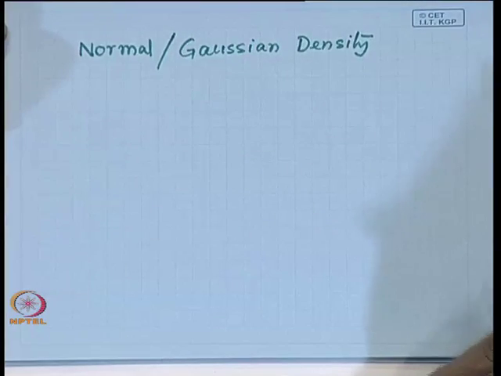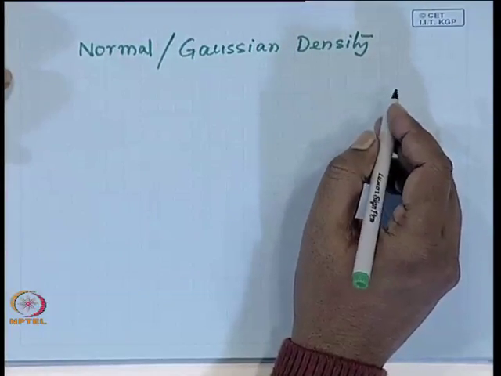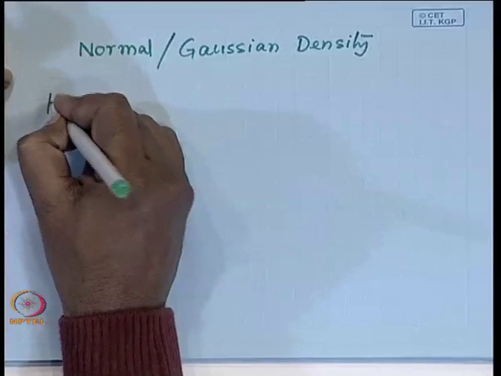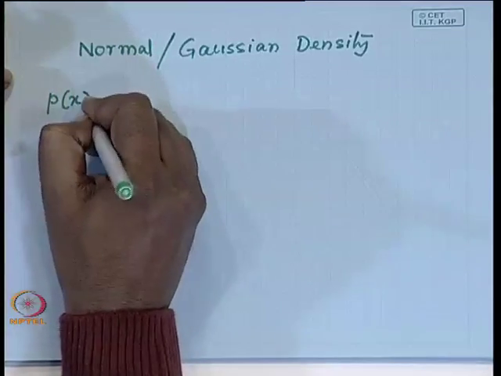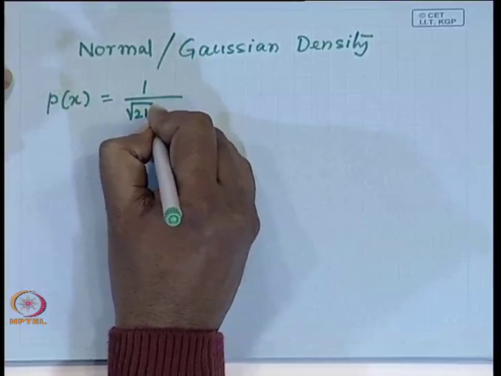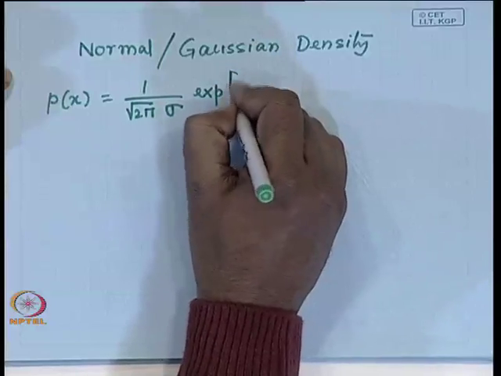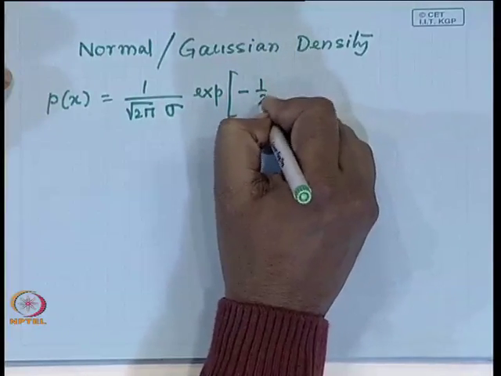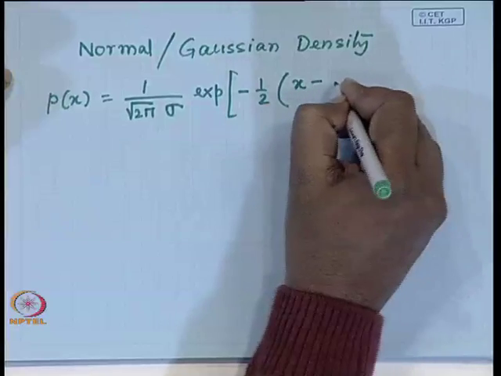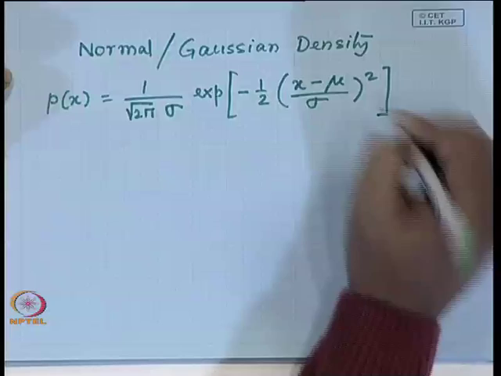Okay. So, this is the most common probability density function. This normal or Gaussian density for a single variable case is simply given as p of x equal to, as all of you know this expression, 1 upon square root of 2 pi into sigma, exponential of minus half into (x minus mu upon sigma) whole square.